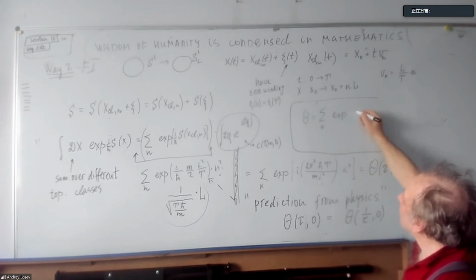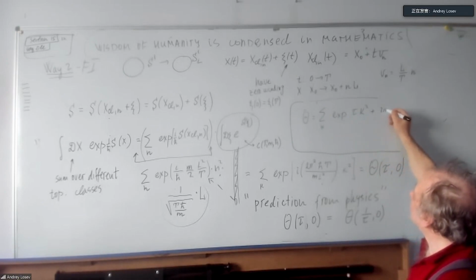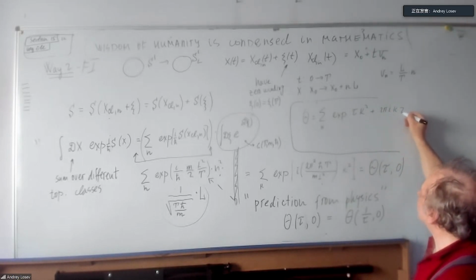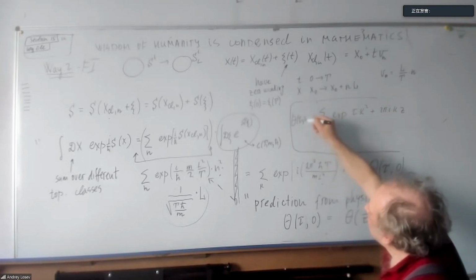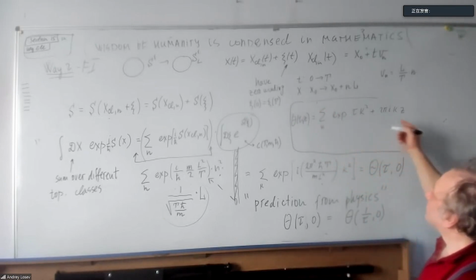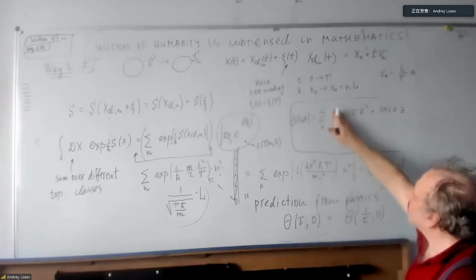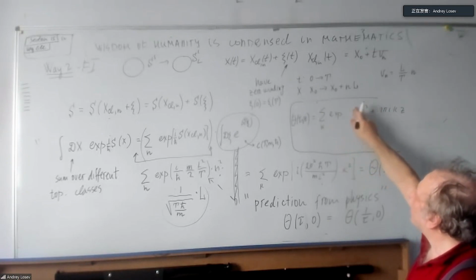You see, theta k square plus 2 pi i k z. So p must be on the left hand side of the equation. I think that in the theta function, people put a formula like this.